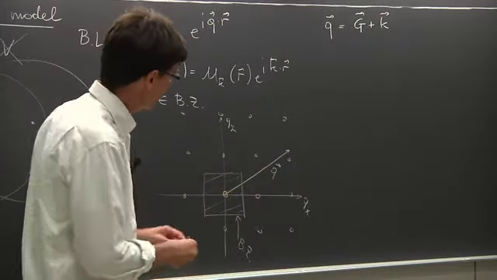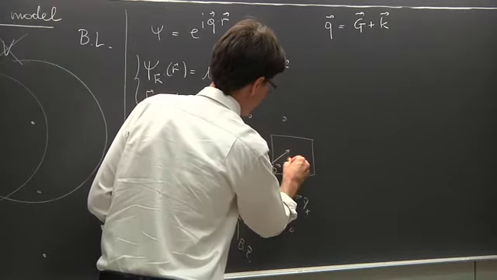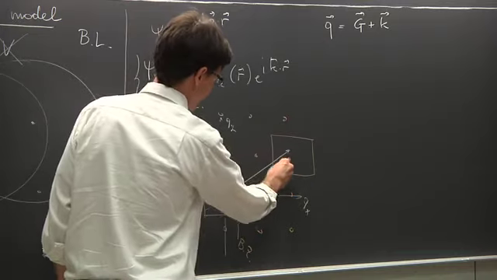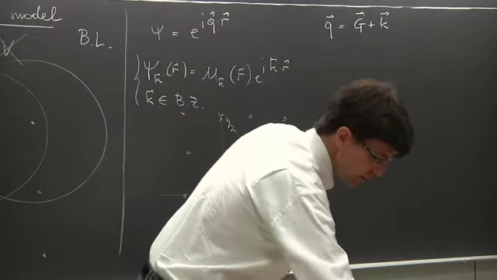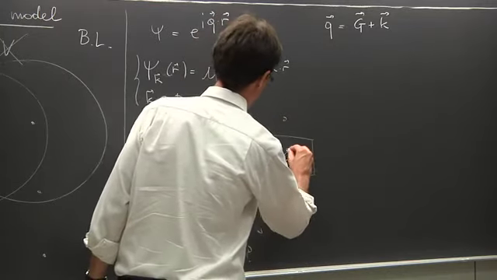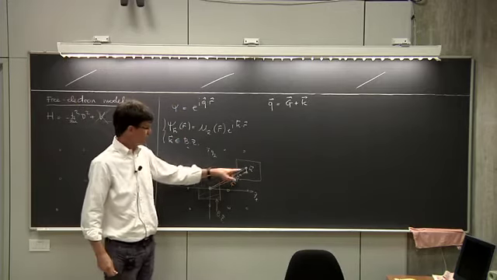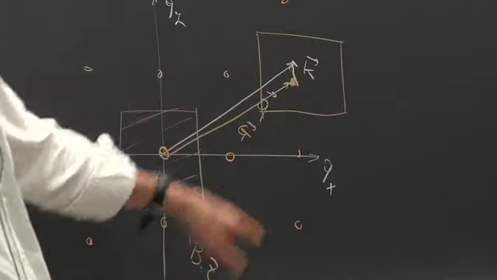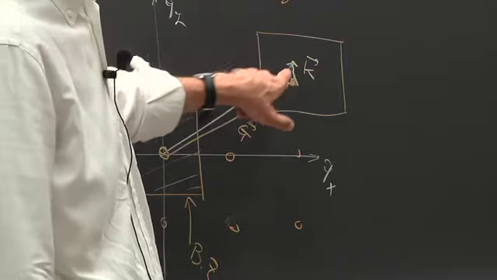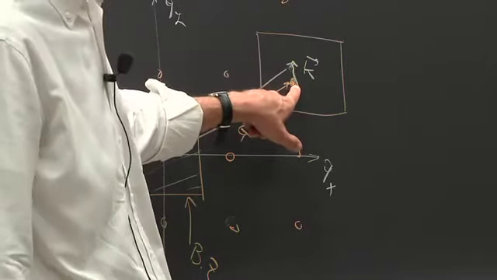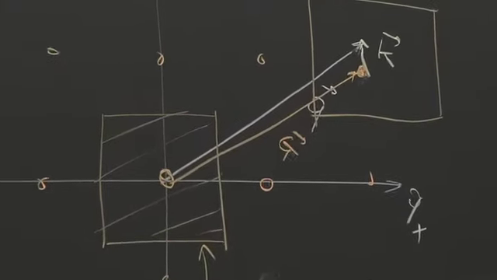In this particular case, if I translate my Brillouin zone by this particular G vector, I can certainly write it as a combination of this G plus this K. I can write my Q as a linear combination of G plus K. I just need to find the closest G vector to Q. I move first there with the reciprocal lattice vector, and then from this reciprocal lattice vector I move within the Brillouin zone by an amount K.